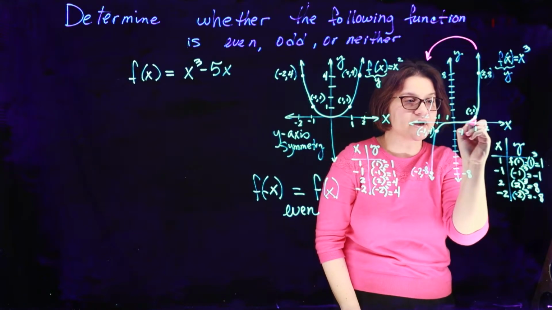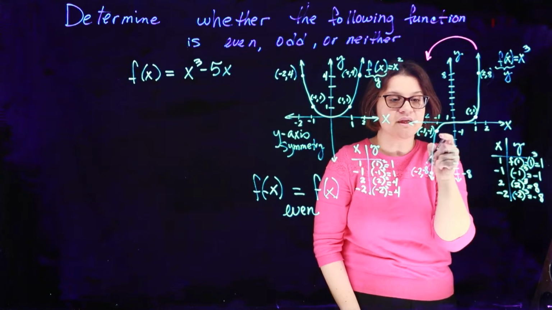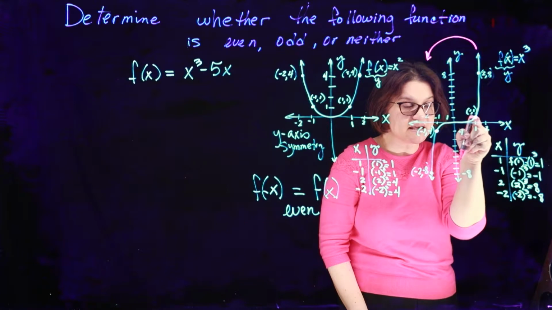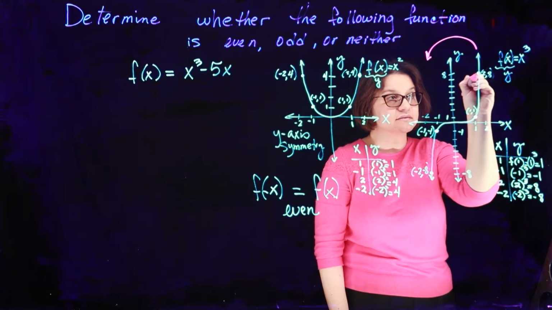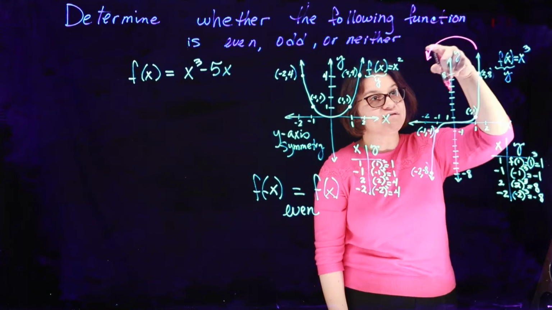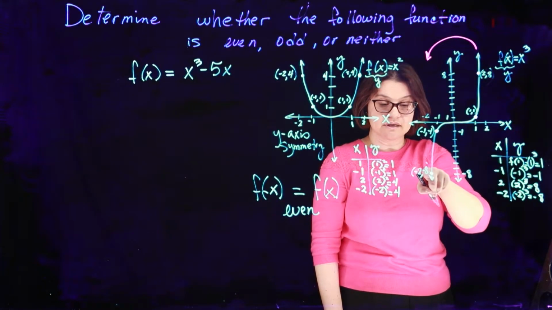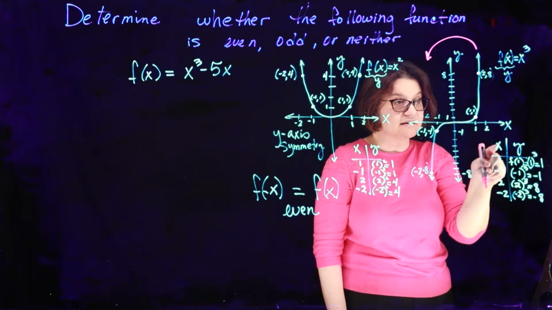Eventually, this point will move here, and as it keeps rotating, this point will be here. As I rotate, this point, 2, 8, will eventually lie right here, and negative 2, negative 8 will eventually lie here.